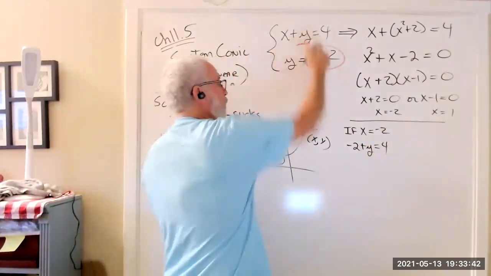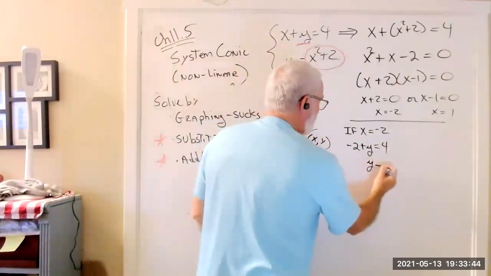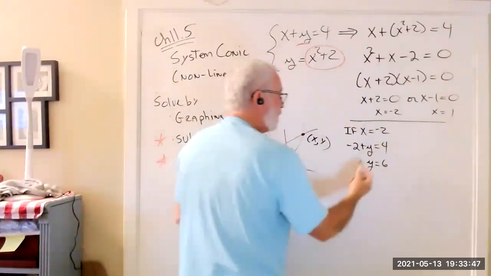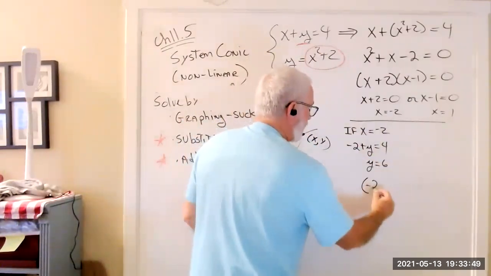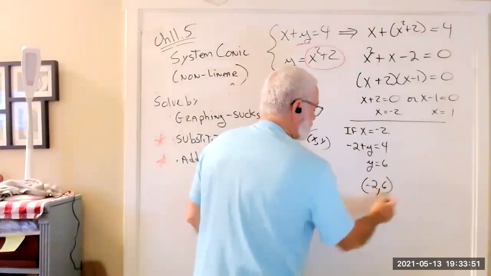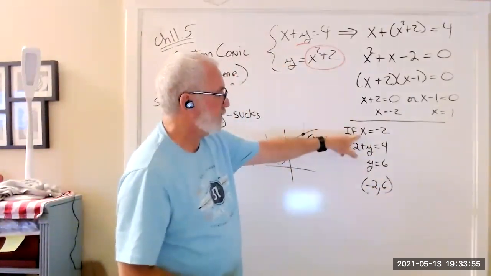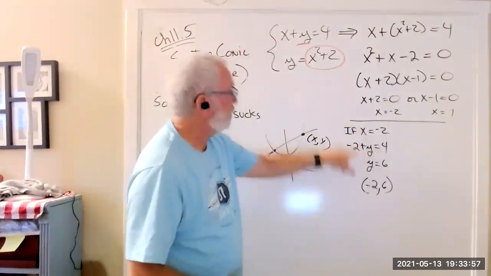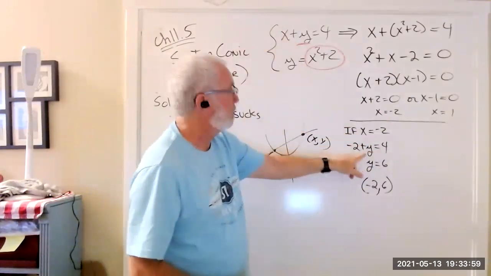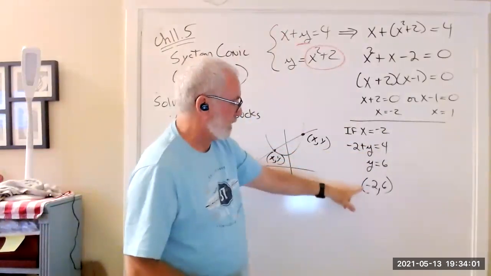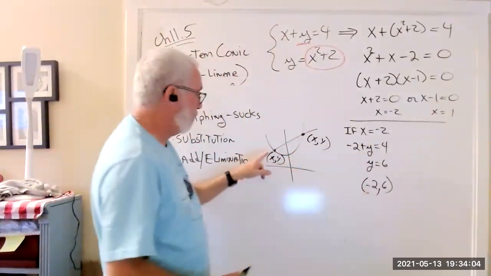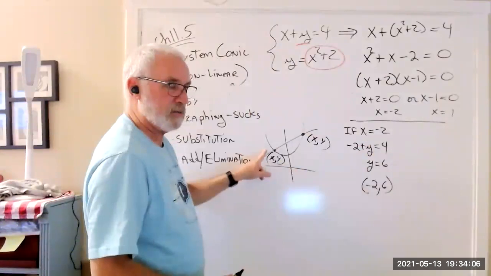That tells me Y is 6. So if X is negative 2, they intersect at the point negative 2 comma 6. When X was negative 2, I plugged it back into one of the equations, whichever, and I get Y is 6. So there is a point of intersection.